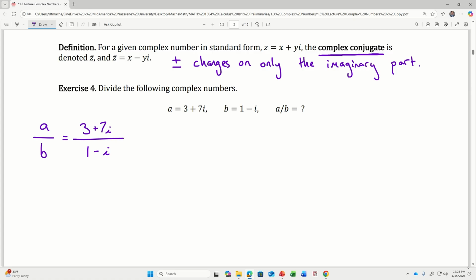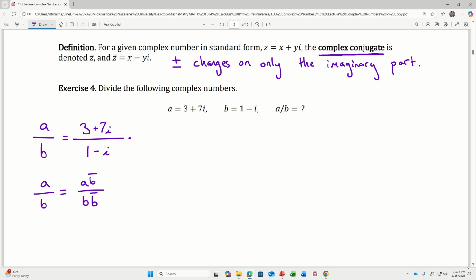And the only way to do this in standard form is to say a divided by b is the same thing as a times b conjugate divided by b times b conjugate. And it's okay to multiply the top and bottom of a fraction by the same number because it's like multiplying by the number 1. It doesn't change the value of anything.